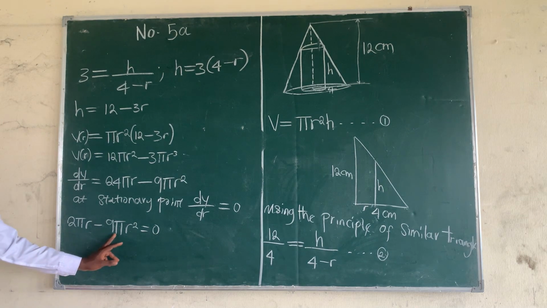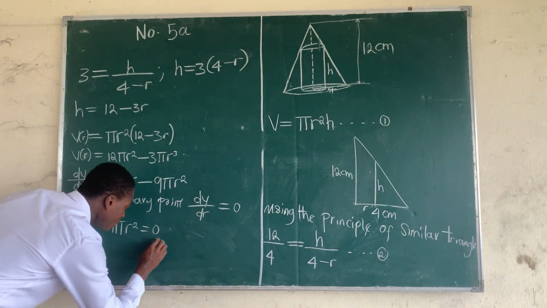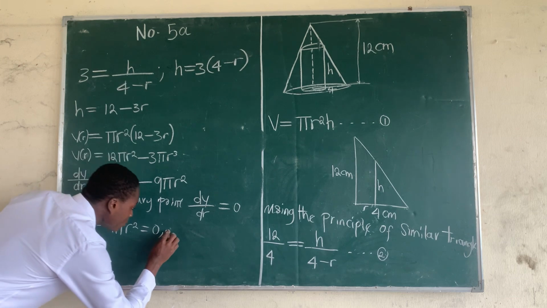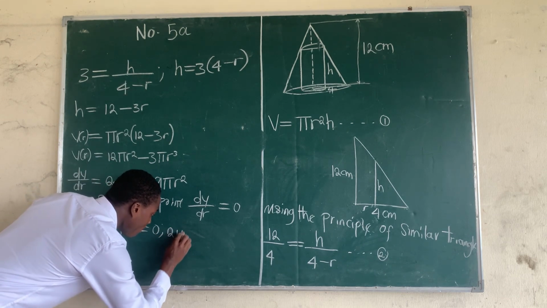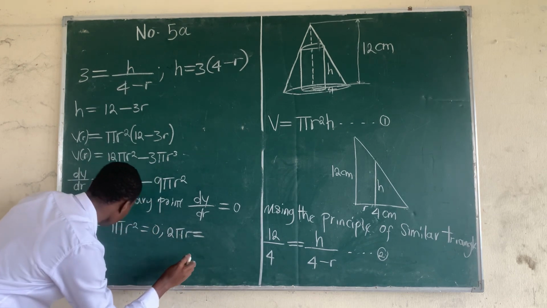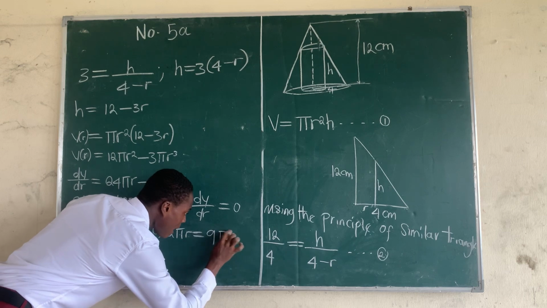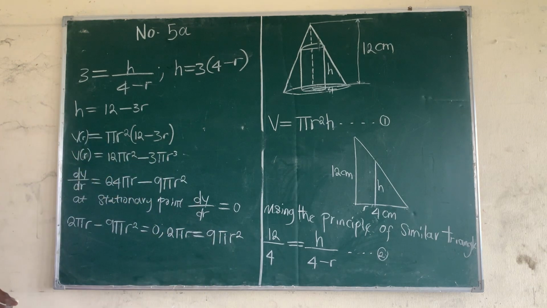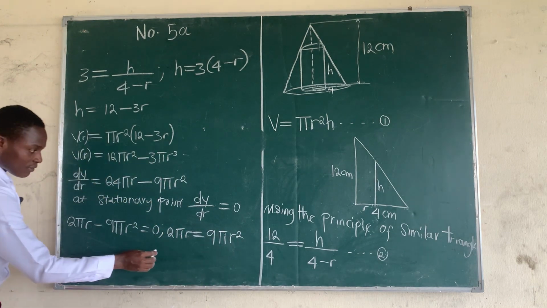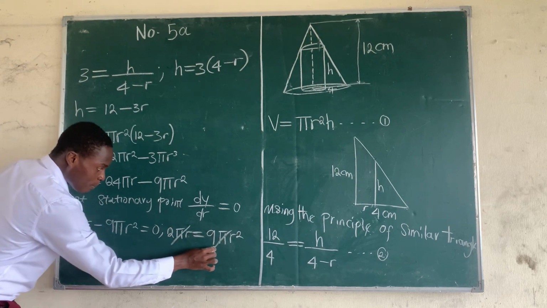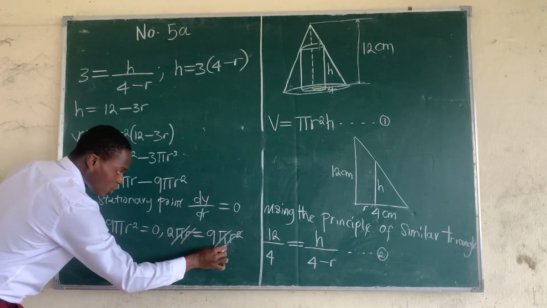Send 9 pi r square over to this side. We have 24 pi r equal to 9 pi r square. So observe now, we cancel pi, and we cancel one of the r.